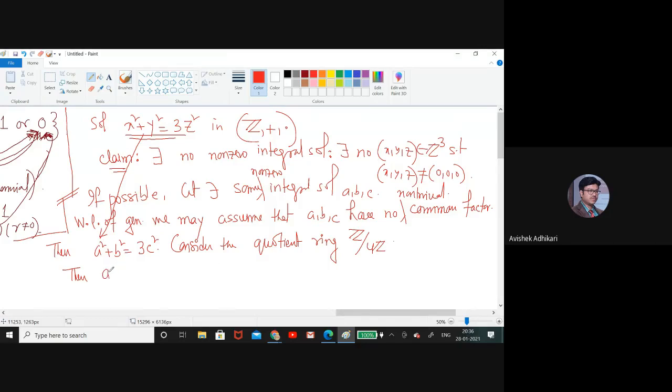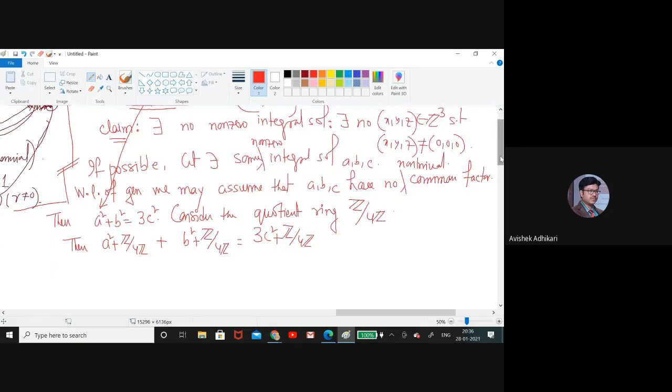Then I must have A square plus 4Z plus B square plus 4Z equal to 3C square plus 4Z. Now have a look at these elements A, B, C. They may be any integers, not all zero.